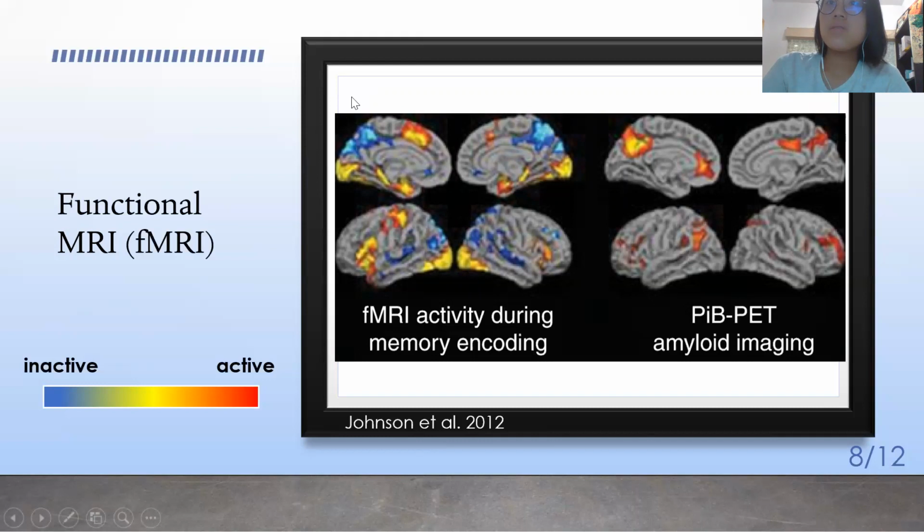In the picture, the blue part indicates the inactivated region and the red part is the activated region. Studies show that with aberrant functional MRI activity, the patient is also detected with amyloid beta signal. And we will talk about amyloid imaging later.